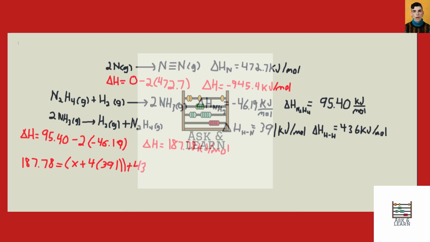That's the HH bond. And then minus for our products, it's going to be 2 times 3 NH bonds, 391. So then we're going to add it all together: 4 times 391 plus 436 minus 2 times 3 times 391.